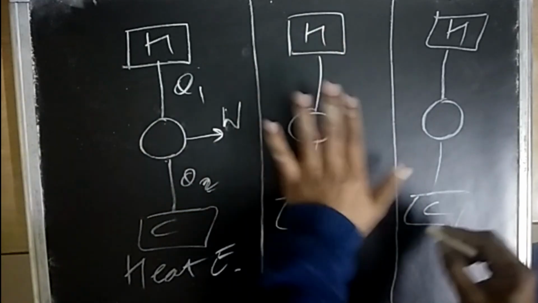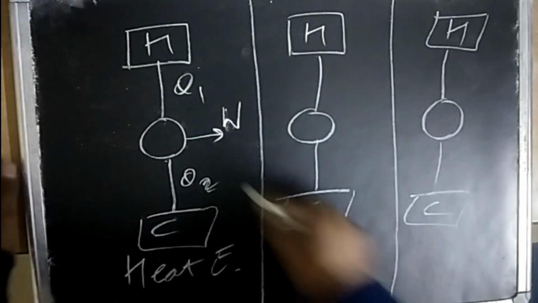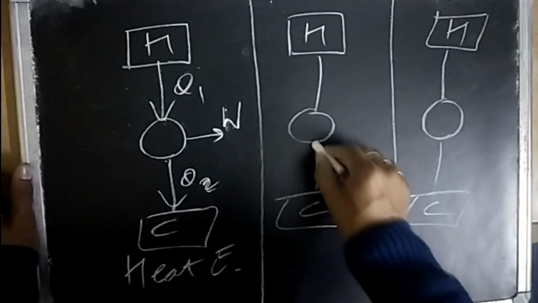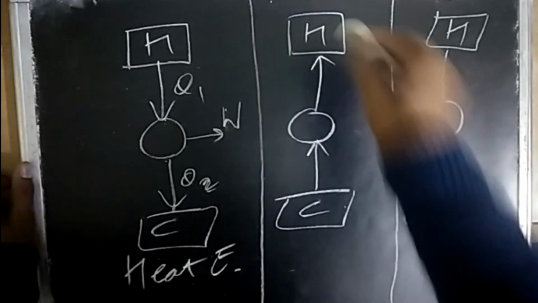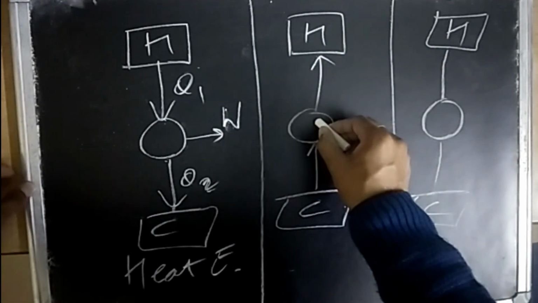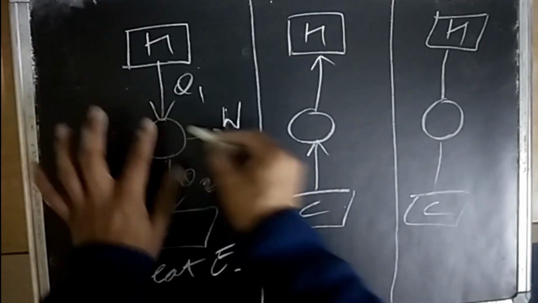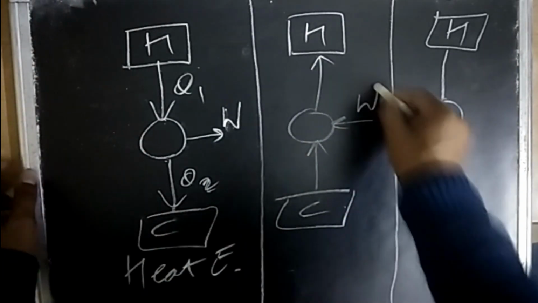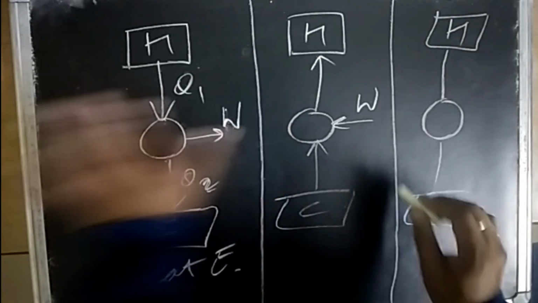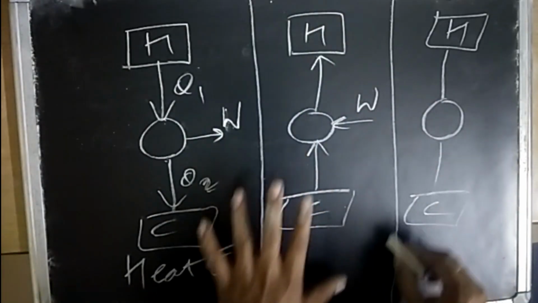Let this be my refrigeration. Now let's go opposite, from cool to hot. If this was like this, work coming out, now we would have to put work in. Simple. Now this is my refrigeration.